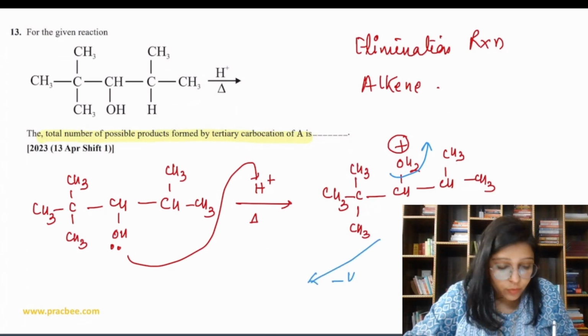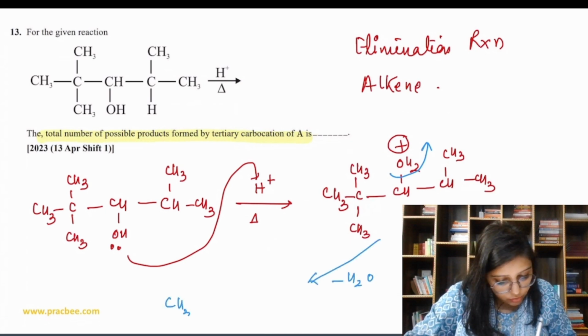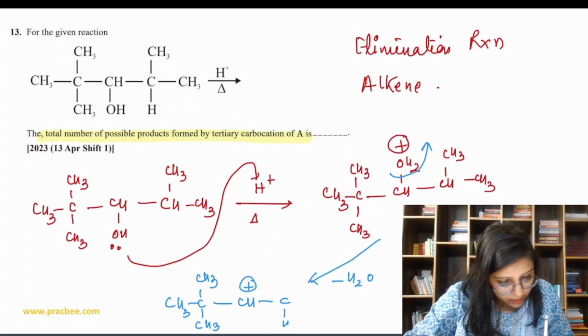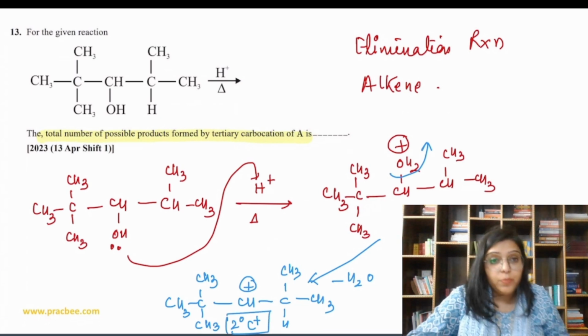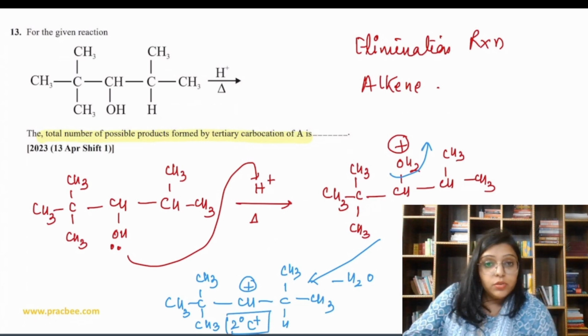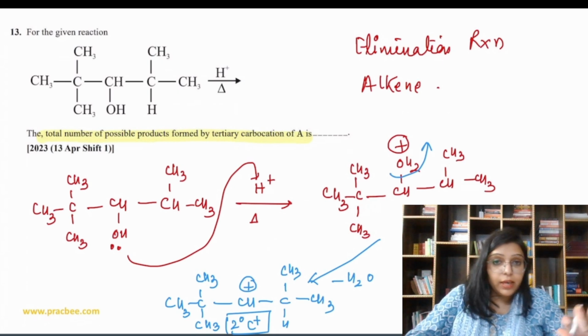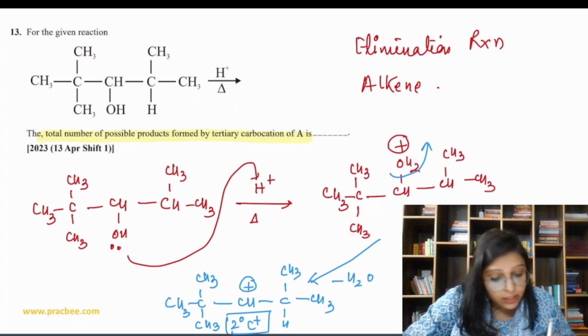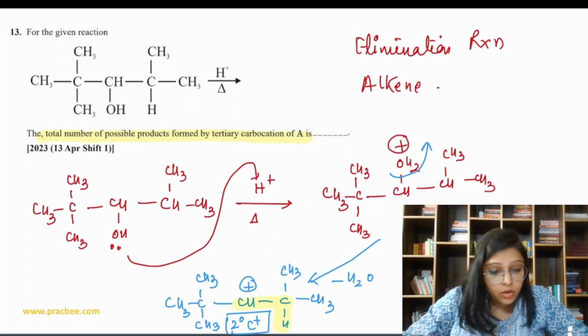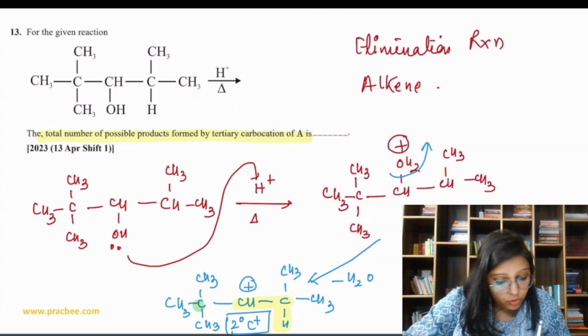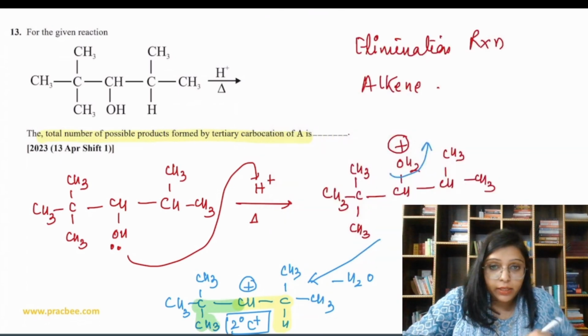So on removal of water, we get CH3, C, CH3, CH3, CH positive, CH, CH3, CH3. Now this is a 2-degree carbocation, but we have to form product from a 3-degree carbocation. So we can form the 3-degree carbocation in 2 ways. Either we can do hydride shift, or we can do methyl shift, right?